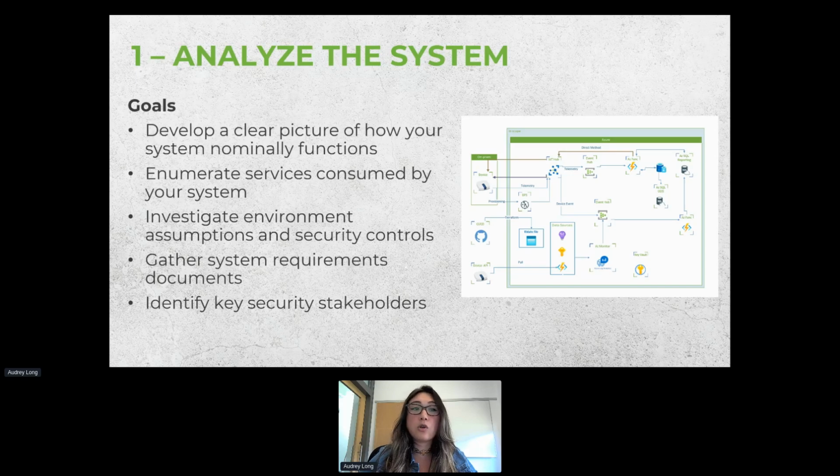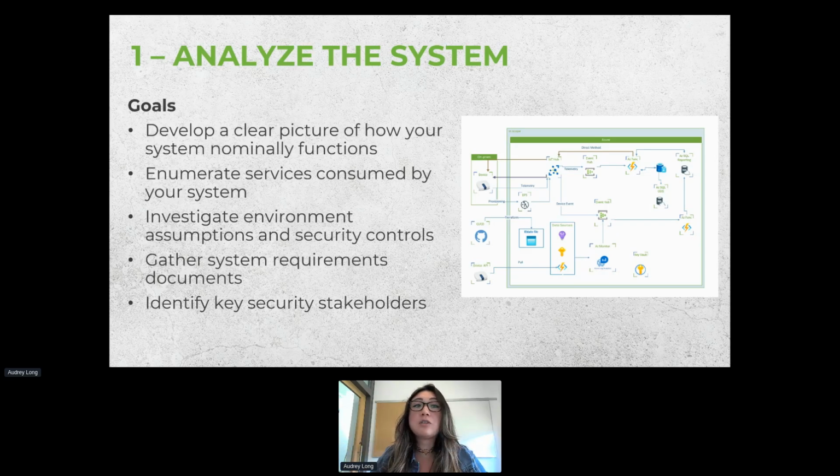And the goals for this step include developing a clear picture of how your system nominally functions, enumerating services consumed by your system. So we're really trying to get deep inside of the architecture here and understand what services are being used and how are people going to actually use those services.